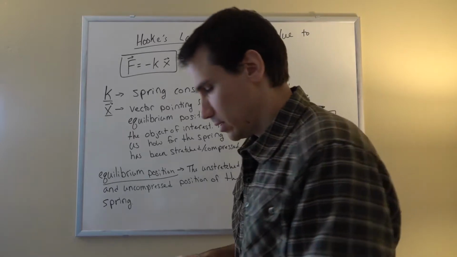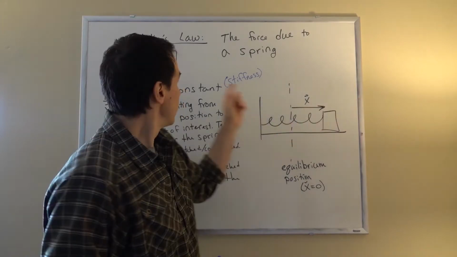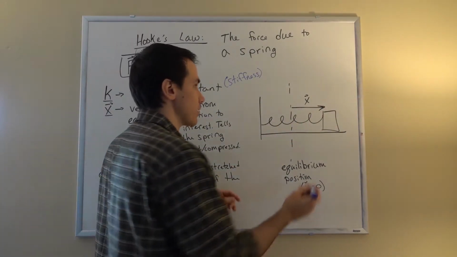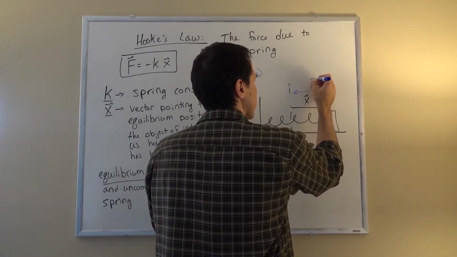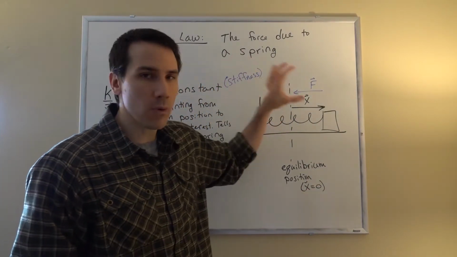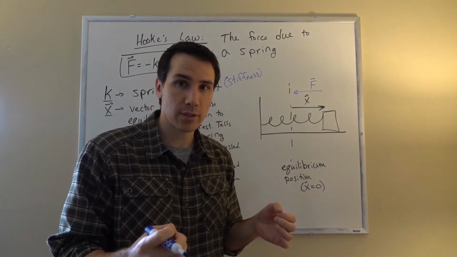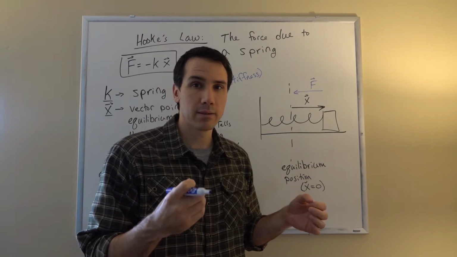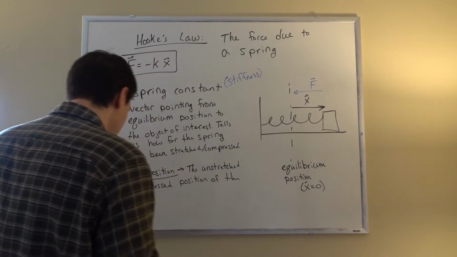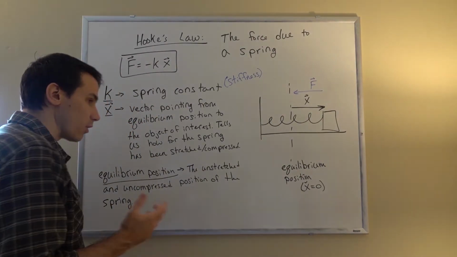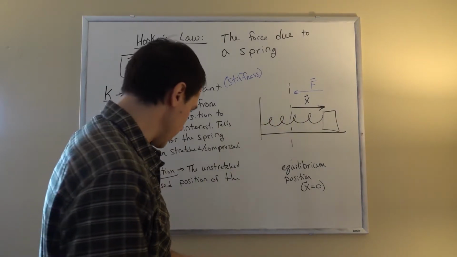So if x points to the right, the force points in the opposite direction of that, which is to the left. So my force always points in the opposite direction of my displacement, x, right? So this is important. The force always points in the opposite direction of my displacement.